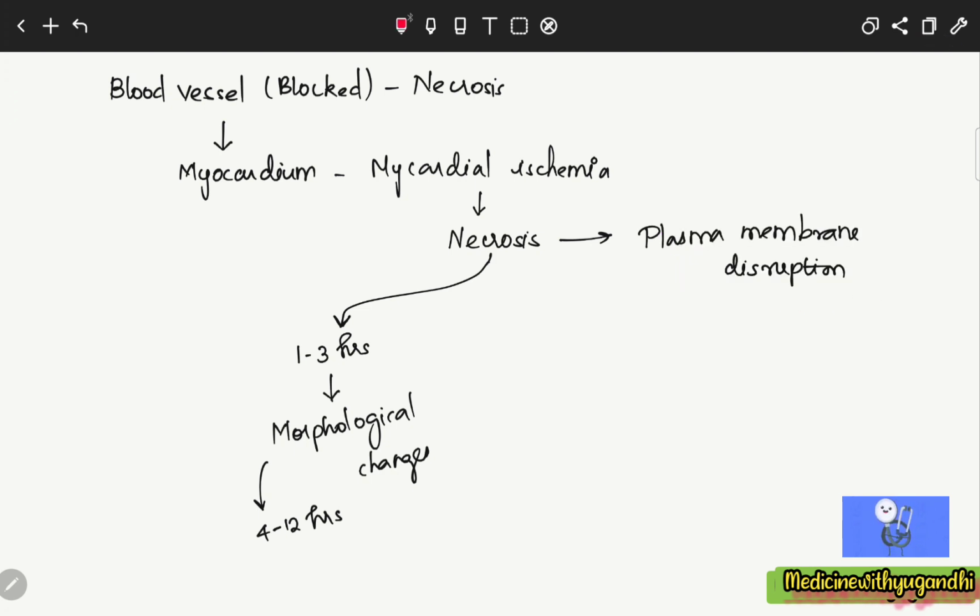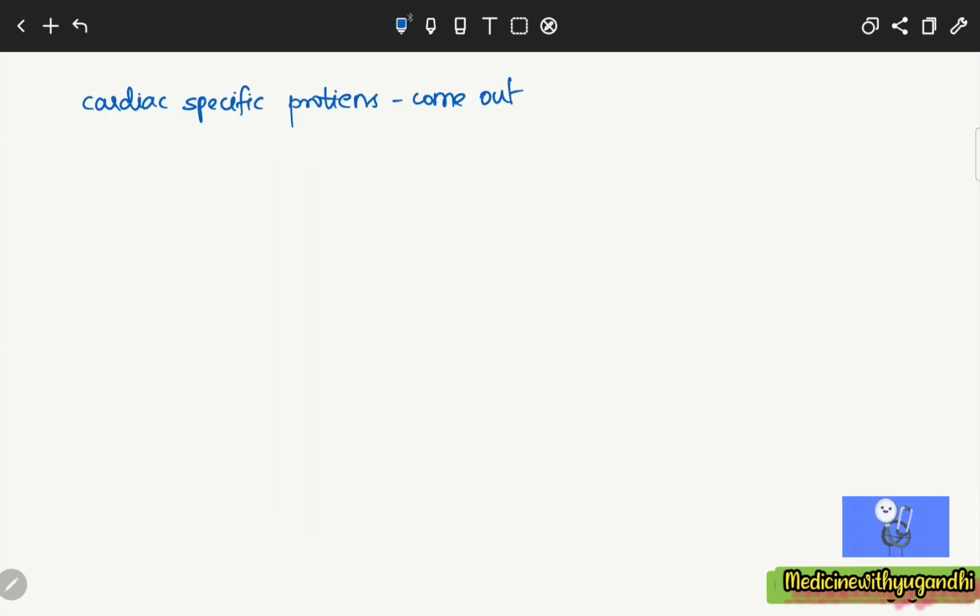So when the plasma membrane gets disrupted, what happens? Cardiac specific proteins start coming out of the cell. Remember, all these are discussed based on the myocardial tissue. So cardiac specific proteins or enzymes come out of the cell.